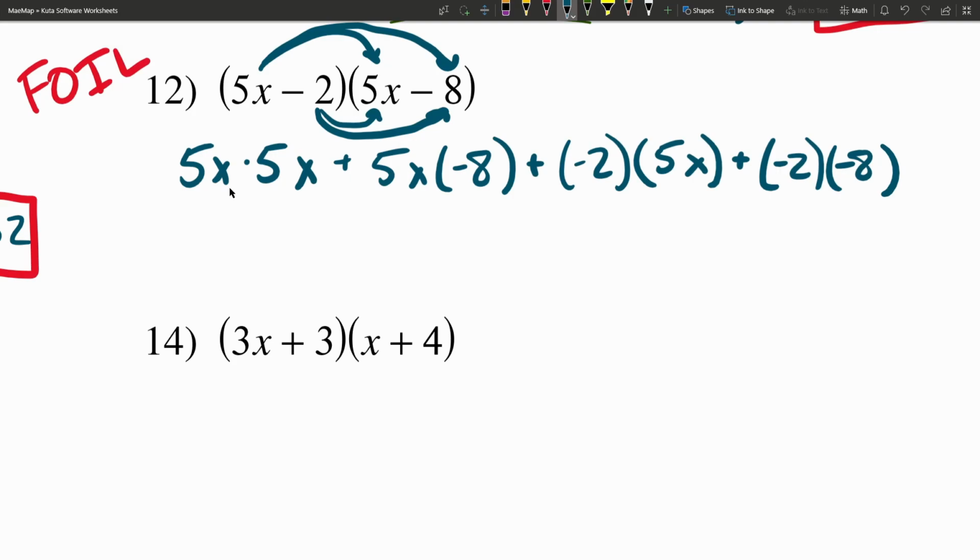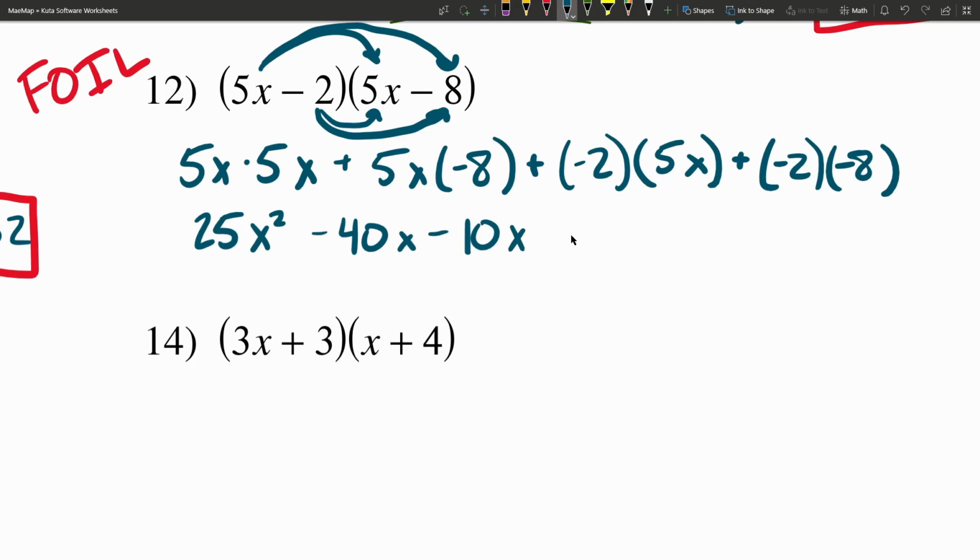Simplifying this down, 5 times 5 is 25, and x times x is x squared. Then we add that with 5x times negative 8, which will be a negative 40x. So subtracting 40x. Then we're going to be subtracting, since we have a negative times a positive, that's going to be a 10x. So subtracting the 10x.